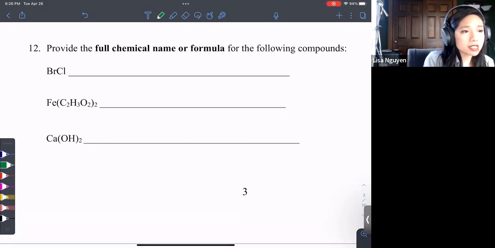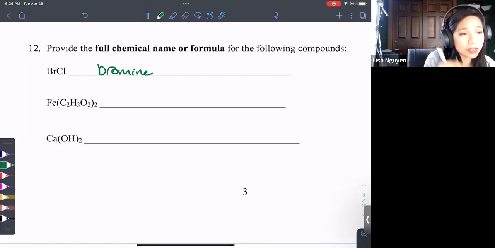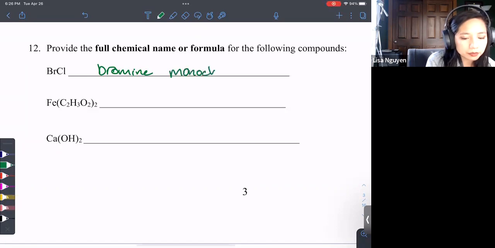I see that BrCl is all non-metals, so that's molecular. I use molecular naming rules. I just name the elements there and say how many there are. So this would be bromine. If it's just one of the first element, you don't have to say mono. But since there's one chlorine in the second element, you do have to say monochloride.